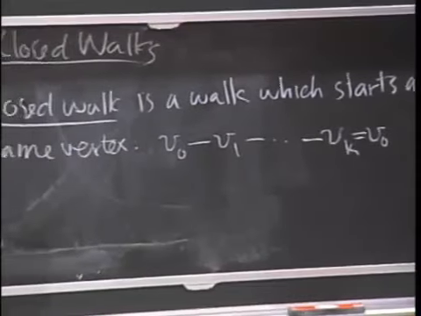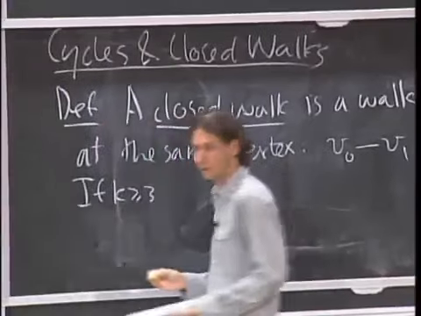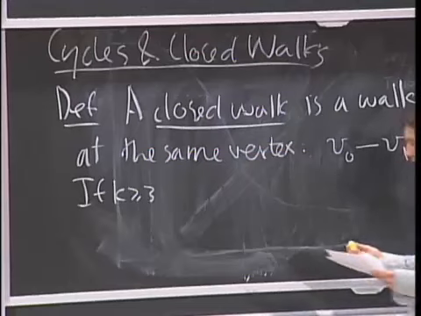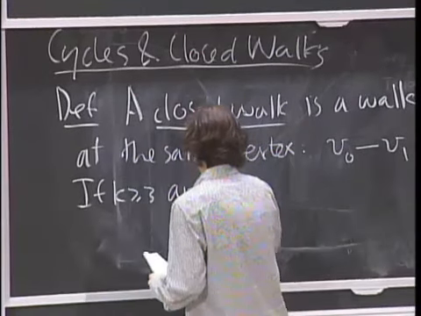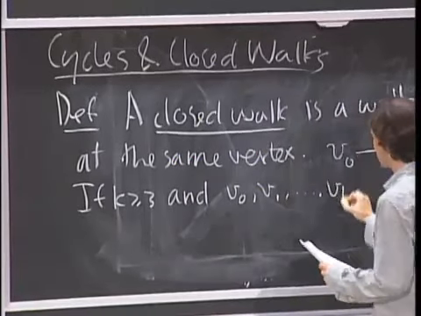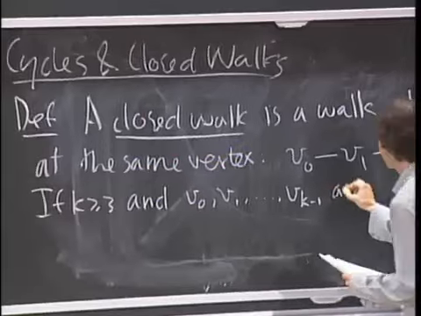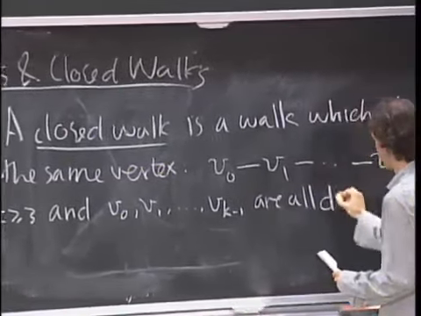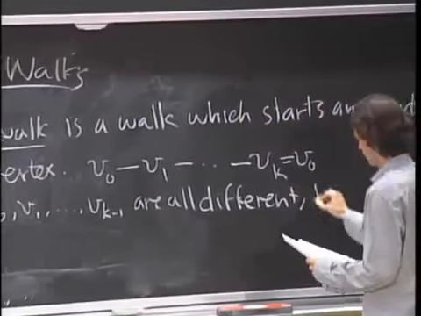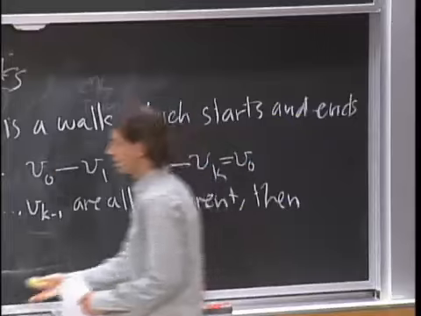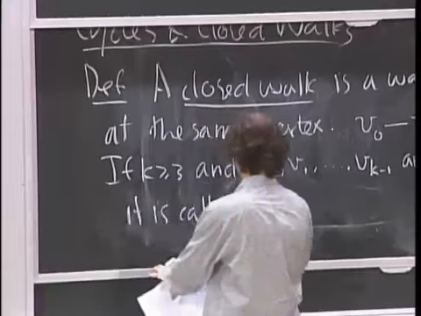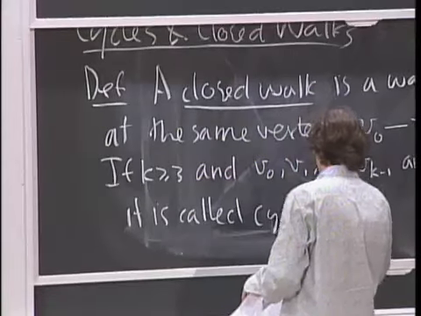So if k is at least 3, so the walk is not just a simple edge or just a single vertex, and if all V0, V1, all the way up to Vk minus 1 are different, then we are saying that we have a cycle. Then it is called a cycle. Okay.